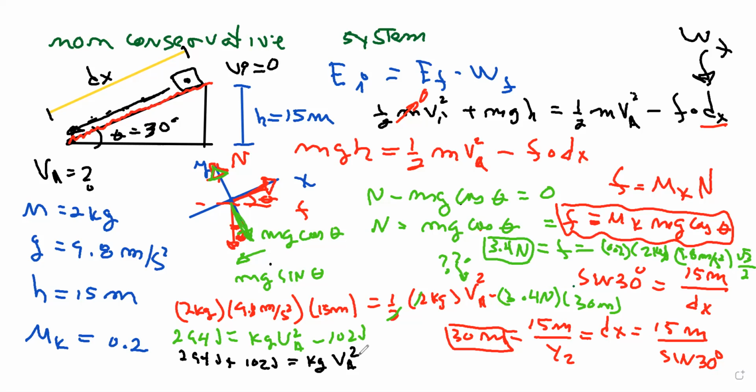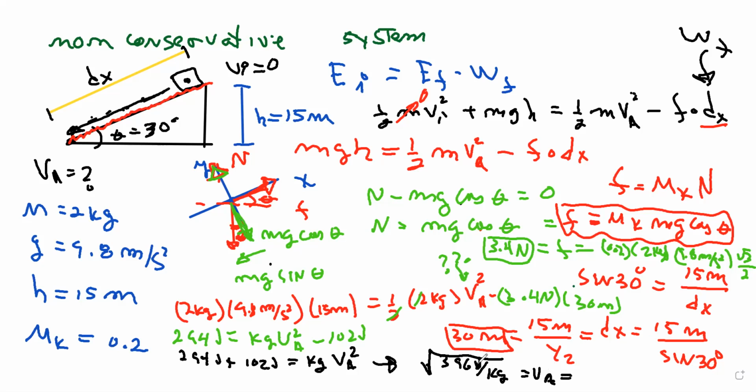And now we can do it over here. So if you add these 294 plus 102, you get 396 joules over kilogram if you pass the kilograms, and then you got to get the square root of this, and that's going to be the velocity at A. And this is joules.